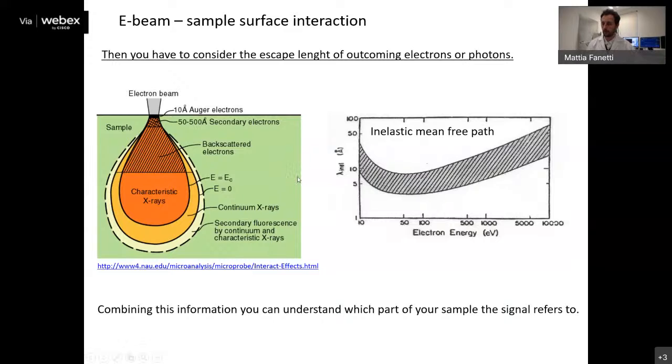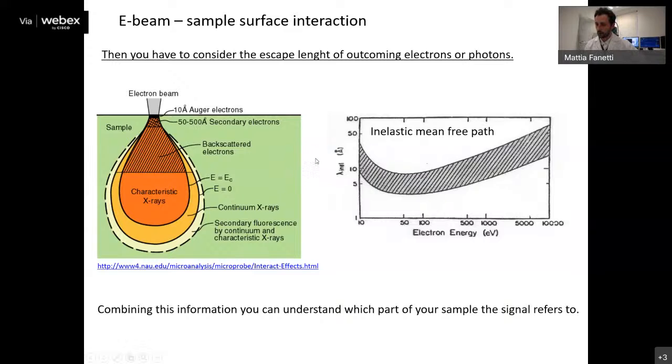Okay. This curve that you see here is the inelastic mean free path in solid matter, let's say, of electrons. And you can see that in a range of, for example, the secondary electrons we said are, let's say, few tens of eV. Okay, so 10, 20, 50, something like this.